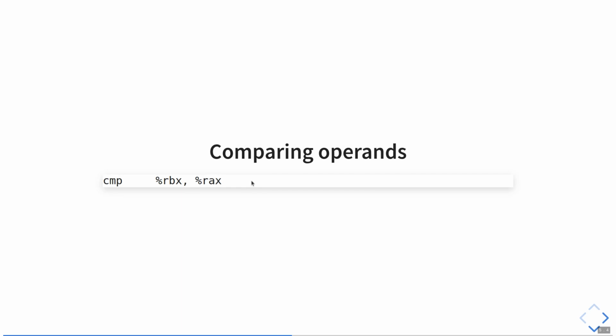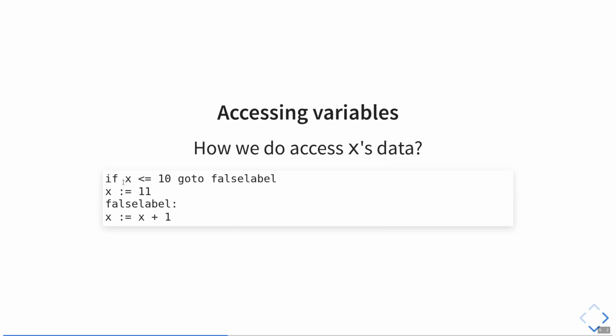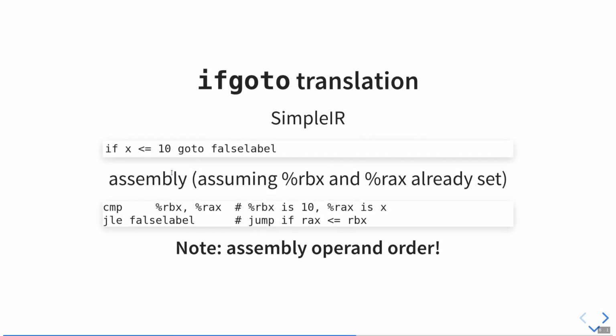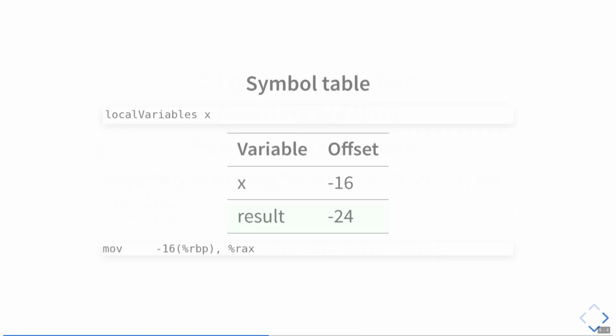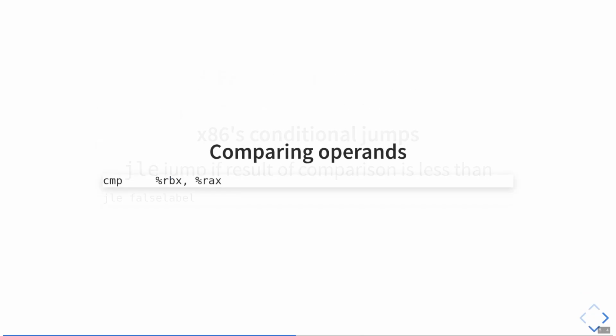Okay, so to actually perform our conditional branching, we need a way of comparing values to each other, because you saw back here, we're doing comparisons, and we're branching based off the value of x in relation to 10. So we need a way to actually perform comparisons. The way we translate these relational operators, less than, greater than, less than or equal to, etc., is using this compare instruction, which will set some special flag registers on your CPU storing the result of this comparison.